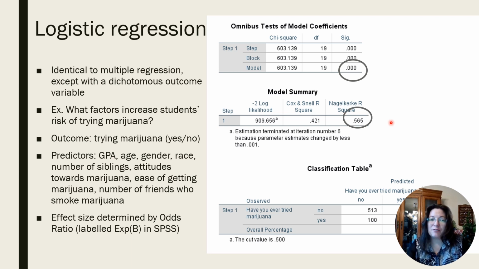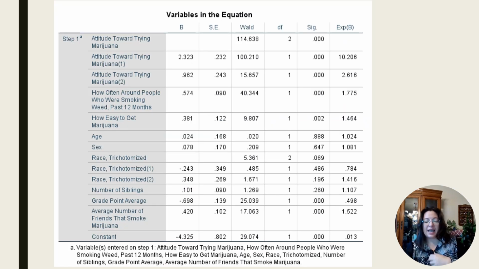So when I report this information, I'm going to report the significance value here from this omnibus test of coefficients. The model one is the one that you want to pick, and as you can see, SPSS gives us lots of very redundant information. And then we're going to look at which of these actual predictors is statistically significant and which isn't.